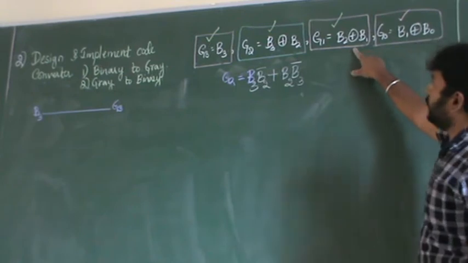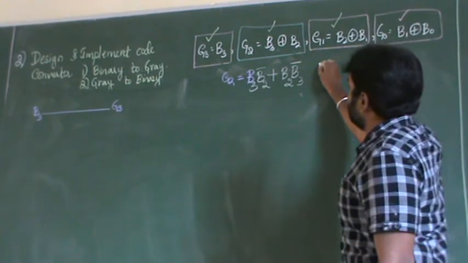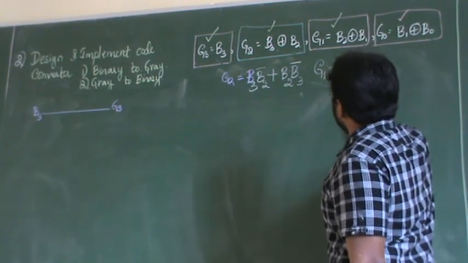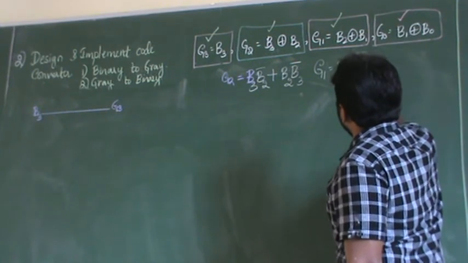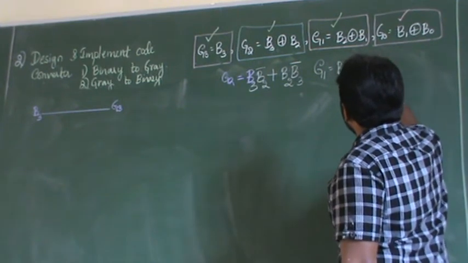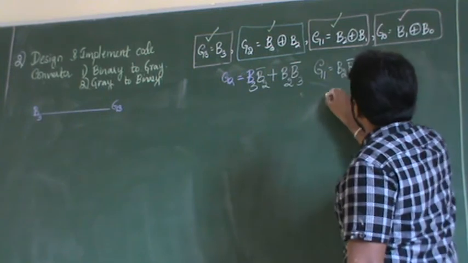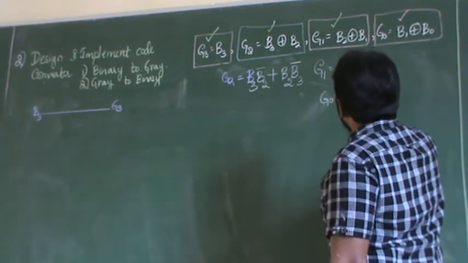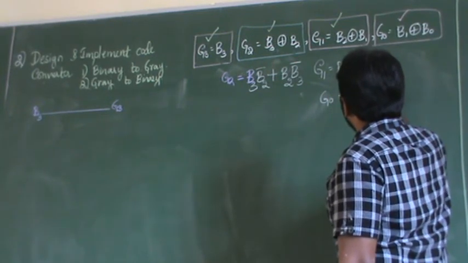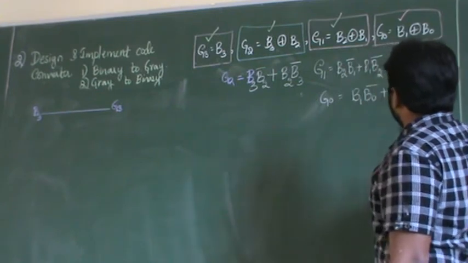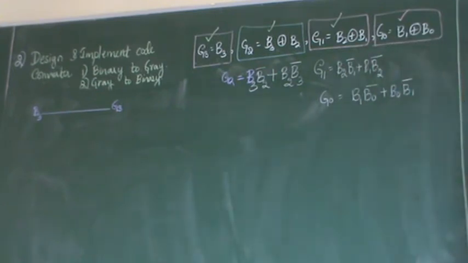In the similar way, you bring this expression to this format, that is G1 is equals to B2 B1 bar plus B1 B2 bar. Next, G0 is equals to what? B1 B0 bar plus B0 B1 bar. Okay, you can bring to this format. Why am I bringing to this format?